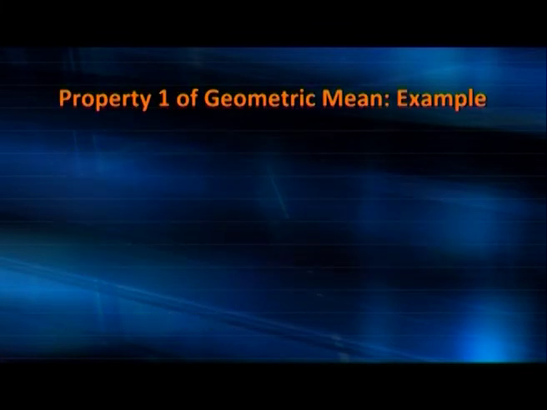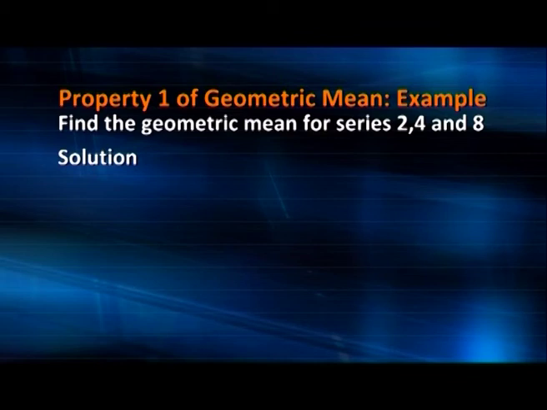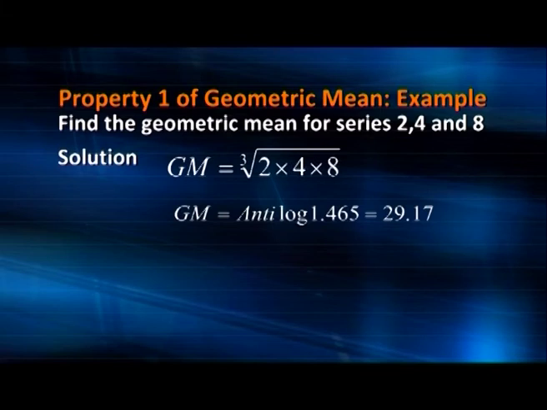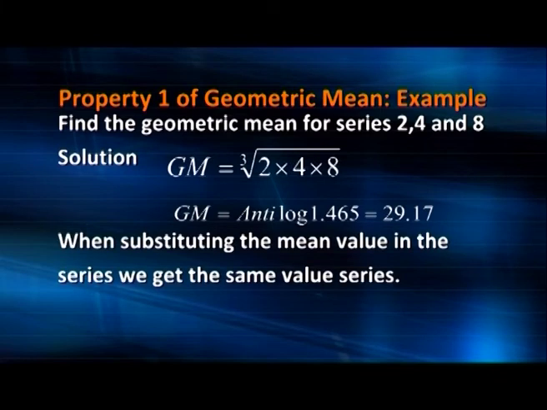Here, to illustrate the first property, we shall take an example. Here we have to find the geometric mean for series 2, 4 and 8. Using the formula for GM, GM is equal to cube root of 2 into 4 into 8, which is equal to cube root of 64, which is 4. When substituting the mean value in the series, we get the same value series.